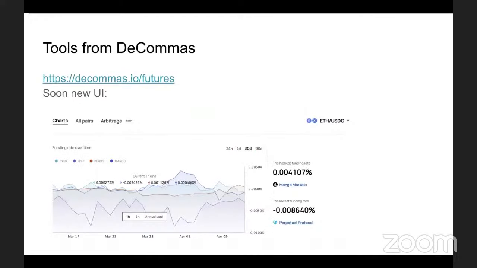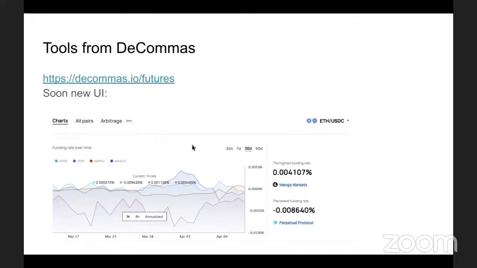So, tools from DeCommas. Soon there will be a new UI. I unfortunately cannot show it to you just yet, but I think it's going to be a great upgrade for us. I'm going to show you the current version after that, but our goal with the next update is not only the pairs, where you would see the momentary and the average funding rate from 24 hours to 90 days, but you also will be able to see the charts.